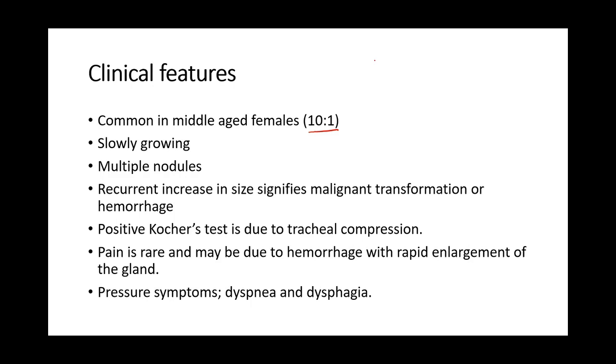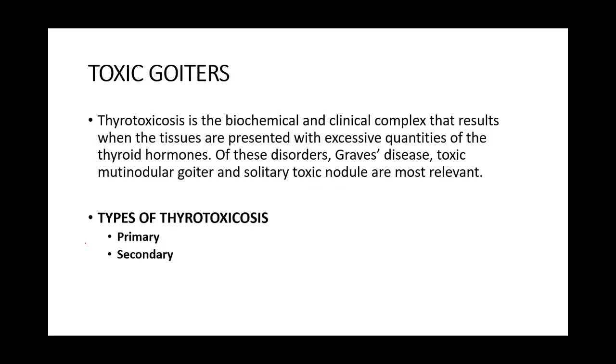Recurrent increase in size signifies malignant transformation or hemorrhage, and they may cause tracheal compression, which will present as a positive Kocher's sign. Pain is rare and may be due to hemorrhage and rapid enlargement of the gland. Pressure symptoms they produce are dyspnea and dysphagia.